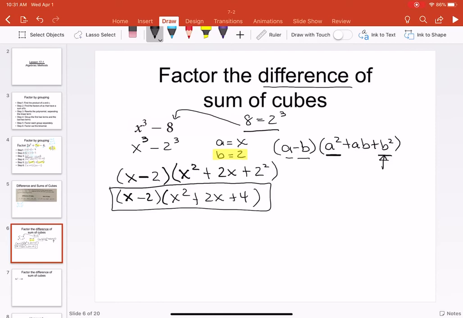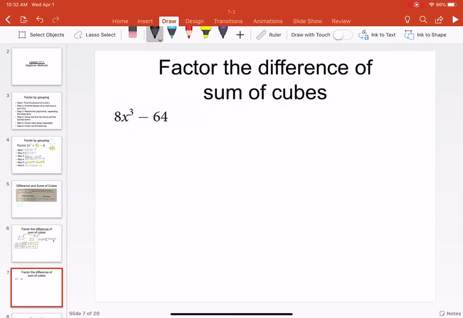Let's go to the next one. Here I want to write everything as a cube. I can rewrite this as a cube, and I can rewrite this as a cube.